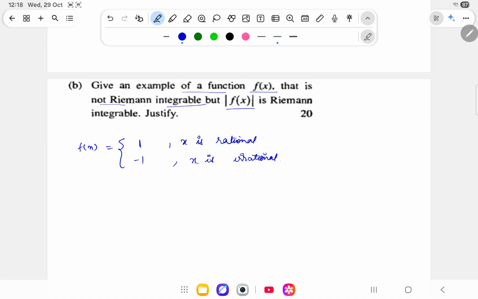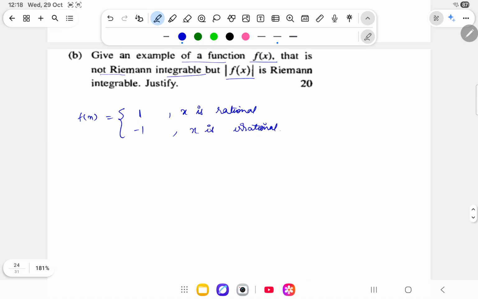Now this Dirichlet function is not continuous anywhere, so f x is discontinuous for every x in, let's define it on the interval a comma b for convenience.